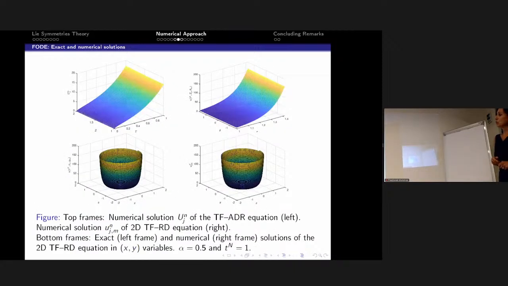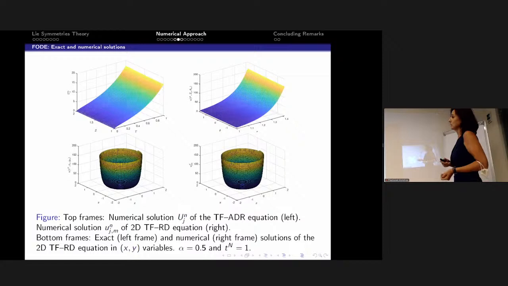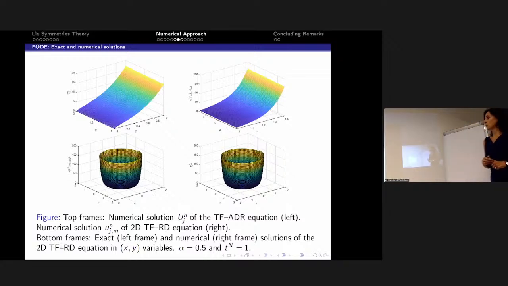Here we show you at the top the numerical solution of the ADR model on the left and the solution of the original model in polar coordinates. At the bottom, we report a comparison between the exact and numerical solutions. These computations are performed for alpha equals 0.5 at final time equal to 1.